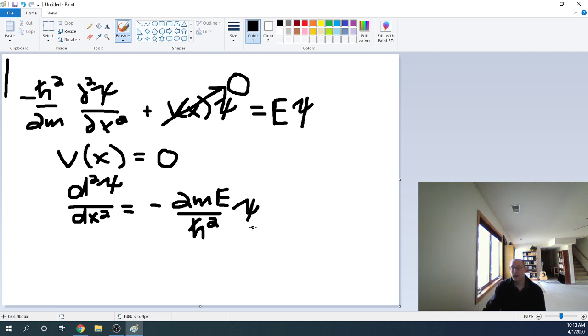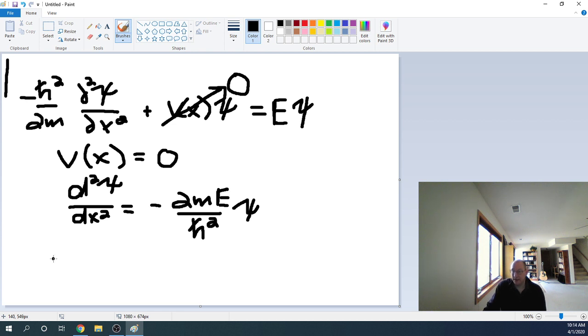And we know what that would be. We know a function psi that satisfies that. There's a couple of different ways to write it. You could write it as psi equal to a sine function. It could be equal to a cosine function. It could be a linear superposition of those two together. Or we could write it as a complex exponential.